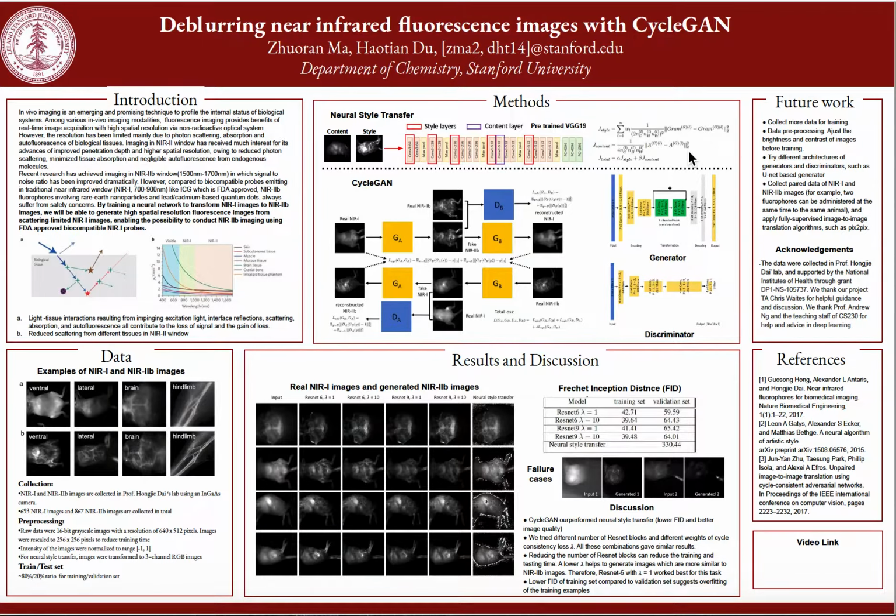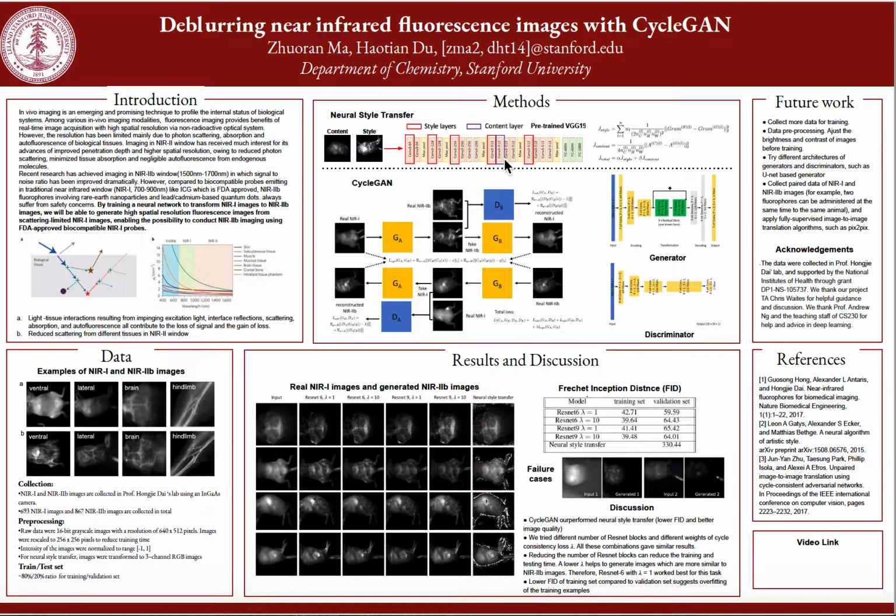And the gram matrices of the style image and the generated image were used to calculate the style loss, which is also a mean square error loss. It should be noted that the results of these 5 convolution layers were used to calculate the style loss, while the result of this single convolutional layer was used to calculate the content loss.